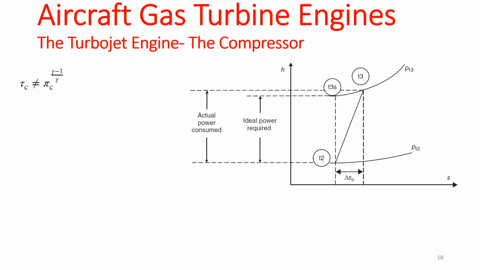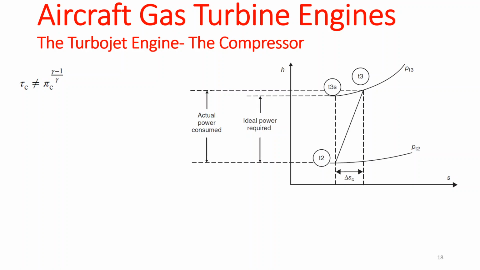But the actual power you're going to need is going to be higher. It's going to be at a higher entropy as well as a higher enthalpy. Keep in mind that this is actually the first stage of a gas generator, right? The gas generator only has compressor, burner or combustor, and turbine.